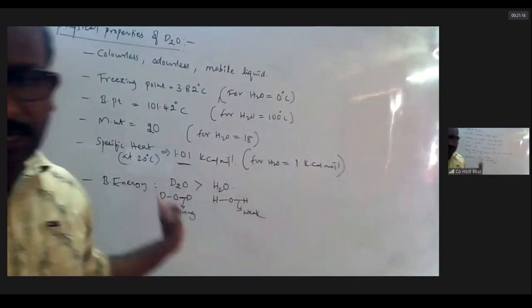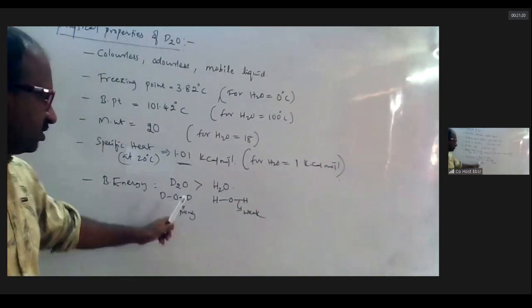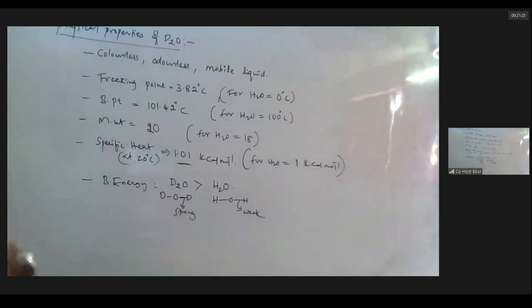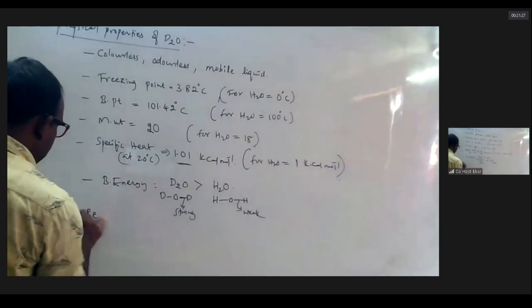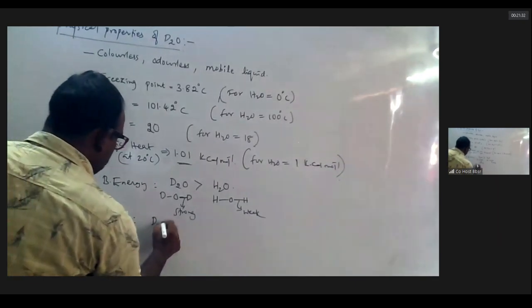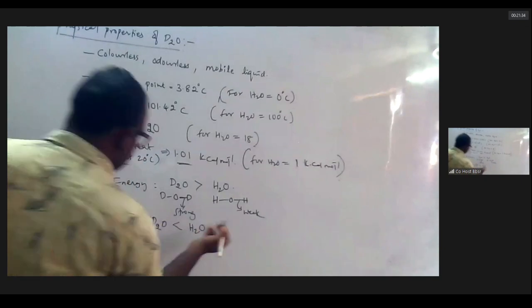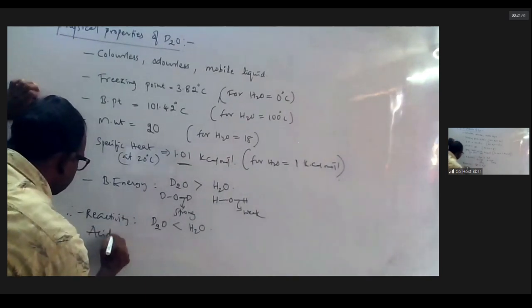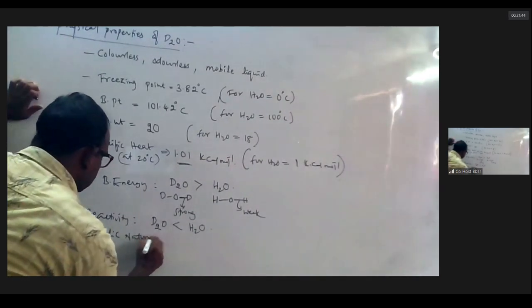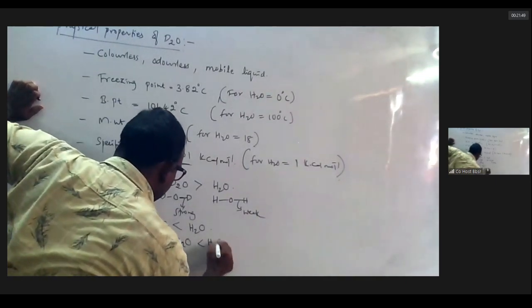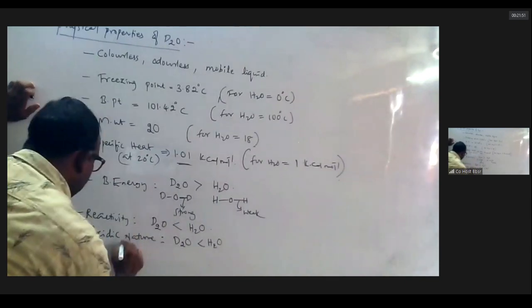In comparison, this has more bond energy, a stronger bond. Therefore, reactivity-wise, D2O is less reactive than H2O. Acidic nature-wise, D2O is less acidic than H2O, and the Ka values.